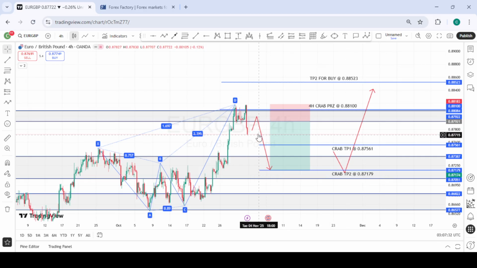So should that buy play out, this is going to be our target. This will be our first target, then this will be our second target for that buy move. But for the coming week, we'll be interested in this sell from this zone to the downside to this very TP we have below here. So we are going to look out for selling opportunities into a buy opportunity, and this is one of my favorites for the coming week.